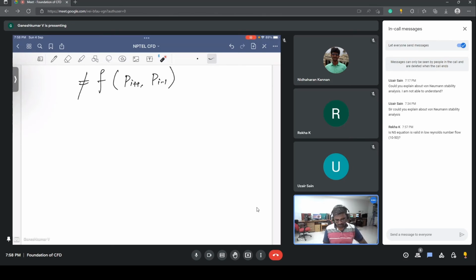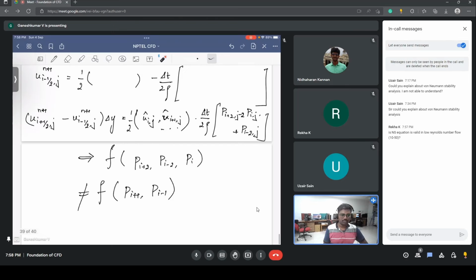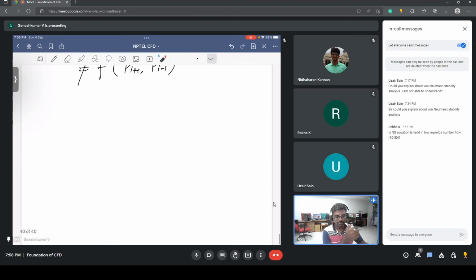Since it is easy to implement, I am showing this. Similarly, you can extend this approach to the SIMPLE method. In SIMPLE, we already know the algorithm, so in that way you can implement SIMPLE also. With this, I will stop here.